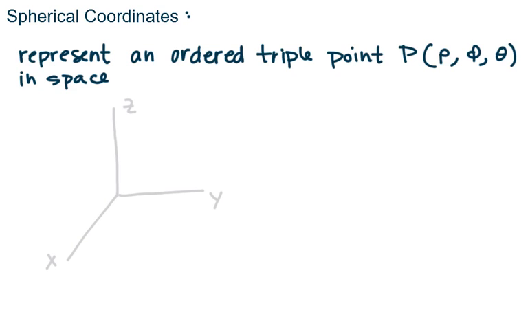So these all kind of go hand in hand, and part of the definitions, they're all going to play into each other, if that makes sense. So thinking about what all of these values are, we're going to imagine that we have some point up in space here in my first octant, which is P, or rho, phi, theta.